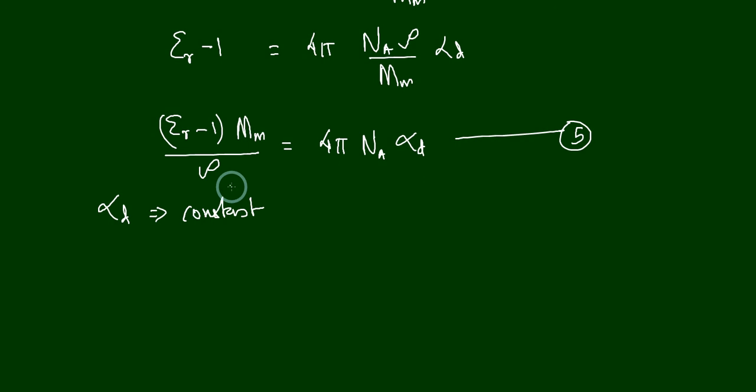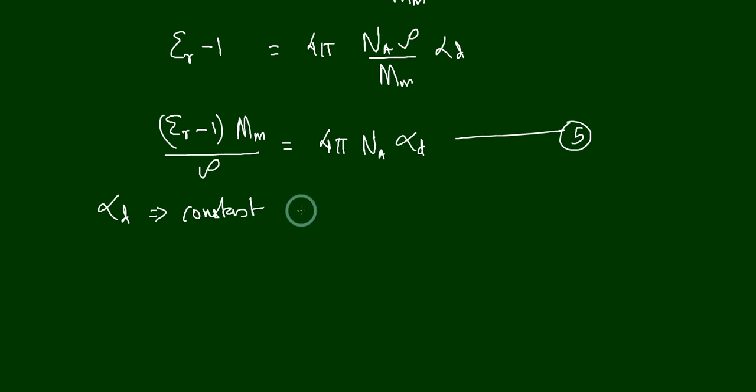The right hand side of equation number 5 being a constant means that the left hand side, epsilon r minus 1 into m divided by rho, is independent of rho. Whatever the value of rho, it is going to be a constant equal to 4 pi Na alpha d.